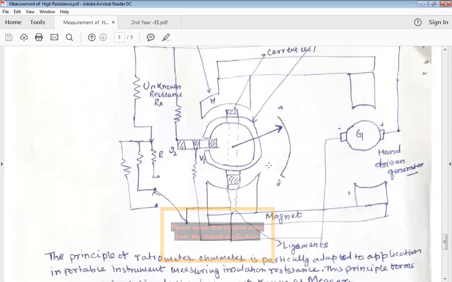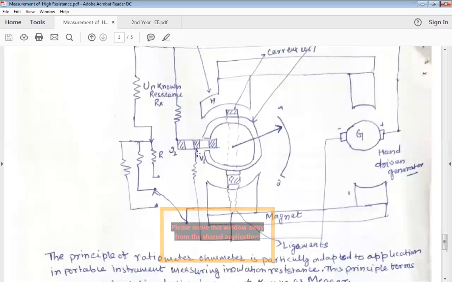Okay, so when the generator rotates, a magnetic field is created in the PMMC instrument, and the current flows through the voltage coil and current coil, and the voltage induced in the voltage coil is proportional to the unknown resistance.